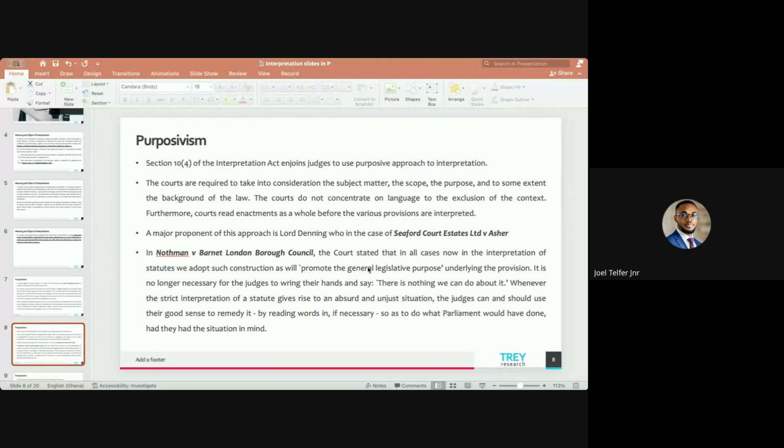So, for instance, if you pay attention to the case of Eziame Manan v. Attorney General, which case was centered on the legalization of 0.3% THC, I think, which is the industrial use of cannabis, where the Supreme Court struck down that provision of the Narcotics Control Act to the effect that that provision was enacted in a manner that was inconsistent with the Constitution.